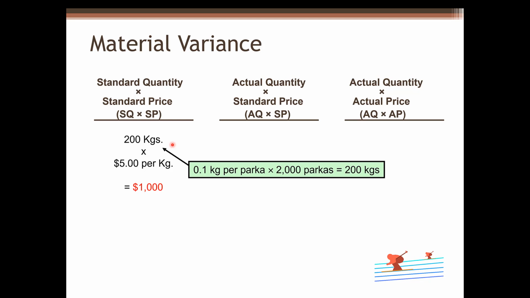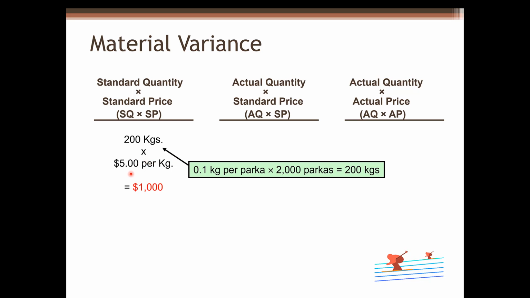For each parka, 0.1 kilogram of fiber fill is required. So we use 0.1 kilogram per parka multiplied by 2,000 parkas, and we can get standard quantity allowed for actual output, 200 kilograms, multiplied by standard price.